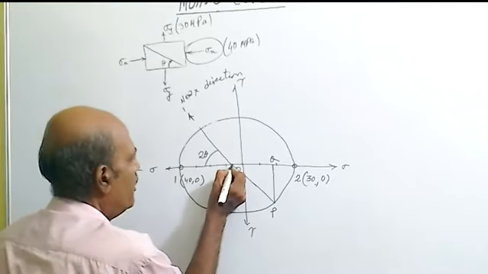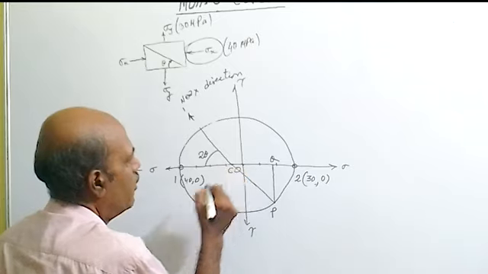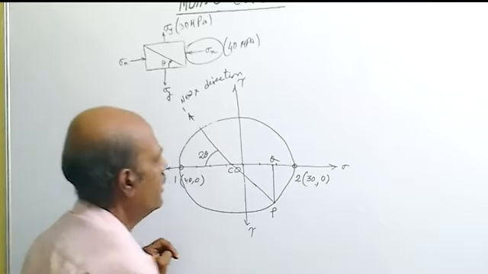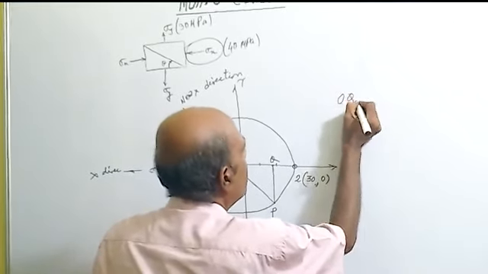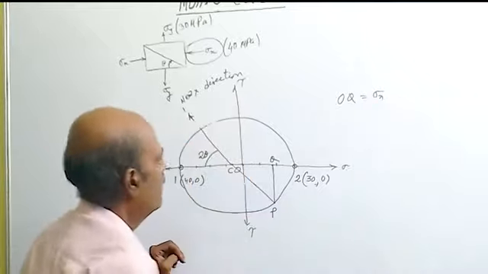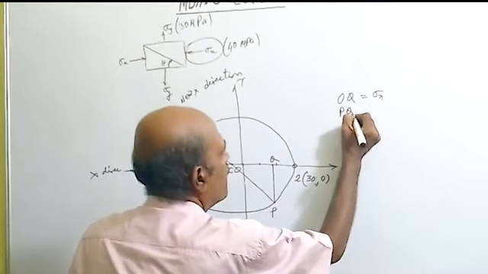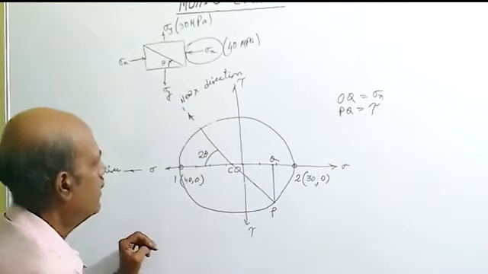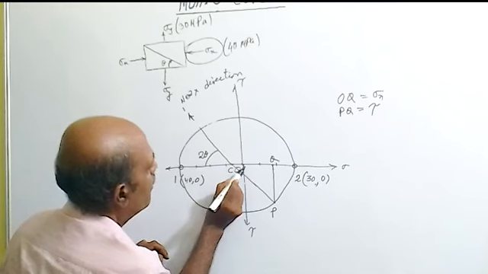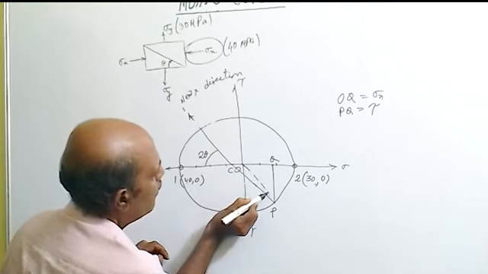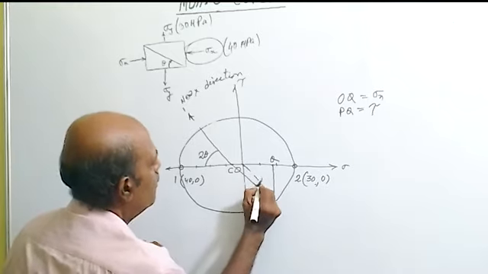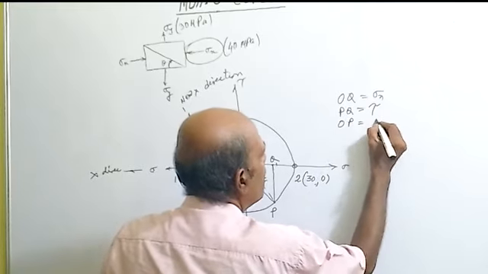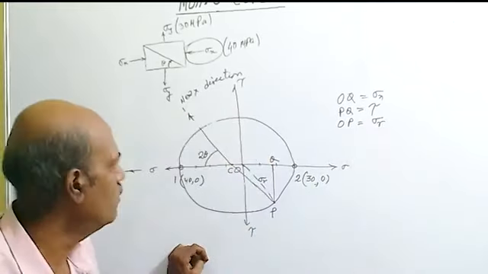Now this point is C, the center of the Mohr circle, this point is the origin O, and this point is Q. So measure the distance OQ, it will give the sigma n value. Measure the distance PQ, it will give the tau value on the inclined plane. From the origin, join point P. Measure the distance OP, it will give the sigma r value.